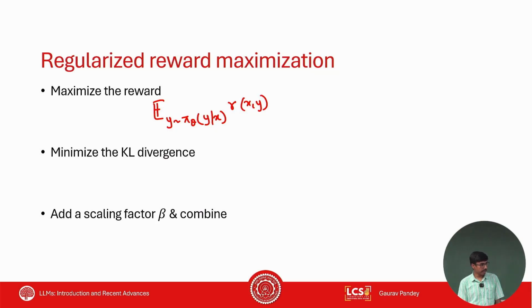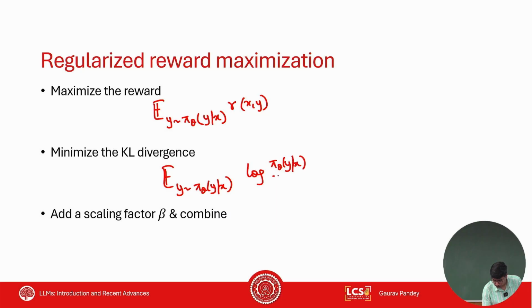The KL divergence can be written as: again sample from the policy that I am training and look at the log probability ratio between pi theta and pi ref and take the average. That is your KL divergence.